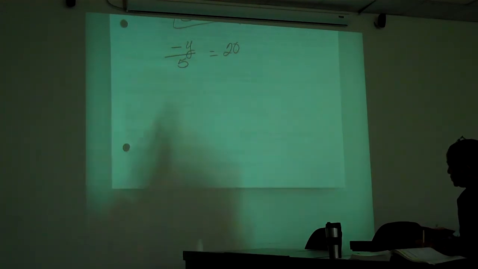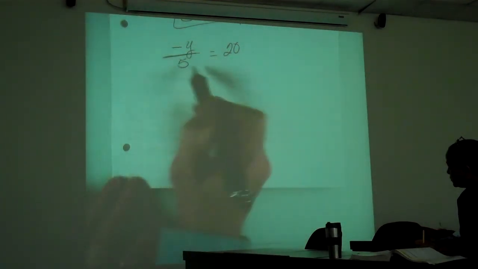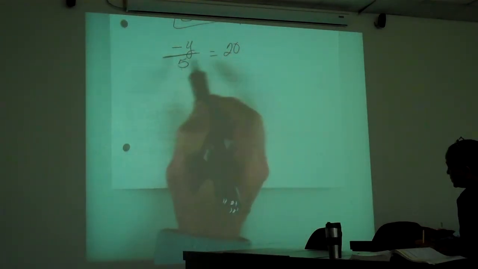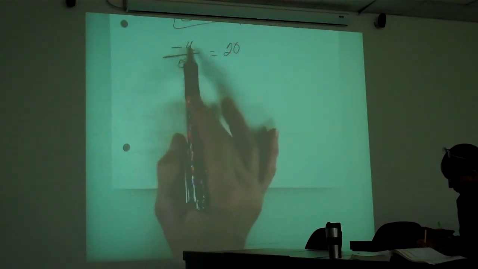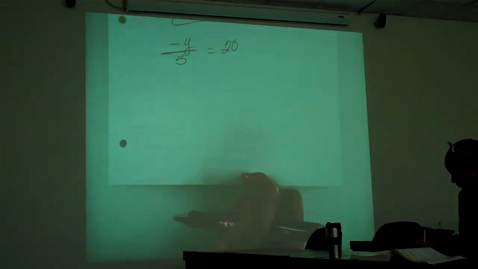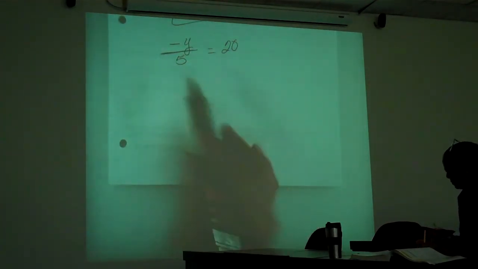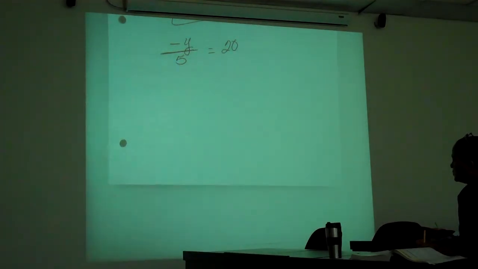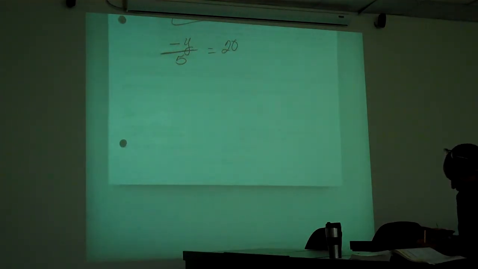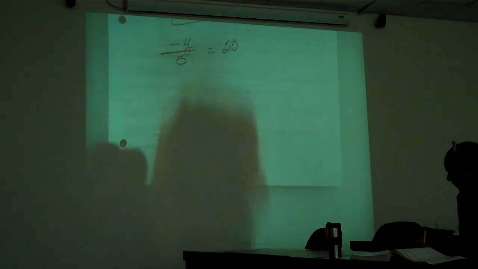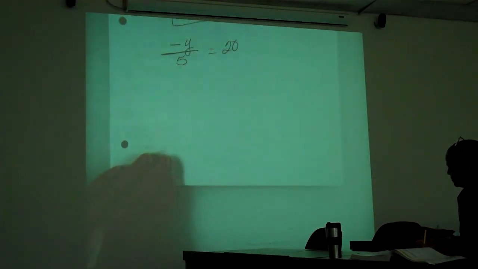If you want to multiply by 5 first, you're still going to have negative y. So you'll have to do another step and divide by negative 1. Let me show you that way, and then I'll show you the quicker way.